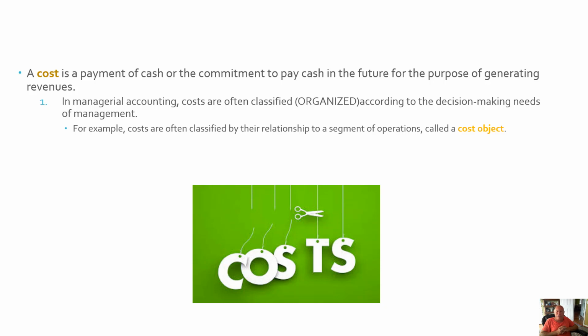But for analytical purposes, we often start at a high level. As I previously mentioned, a cost object may be a product, a sales territory or department, or an activity: research and development, human resources, facilities. Those we call support functions.